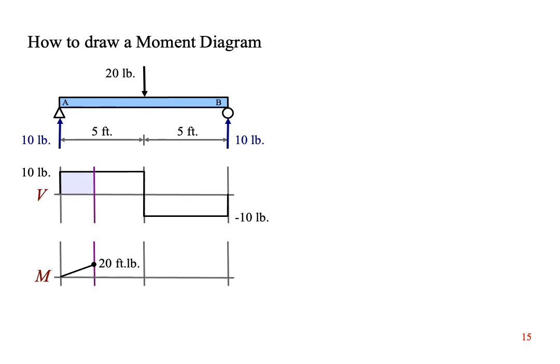At a location of 2 feet, the area is 20 foot-pounds, so we continue our diagonal line up to the right. As we consider more area, the value of the moment diagram keeps increasing. At 4 feet, the moment is 40 foot-pounds. At the midspan, the moment is 50 foot-pounds.